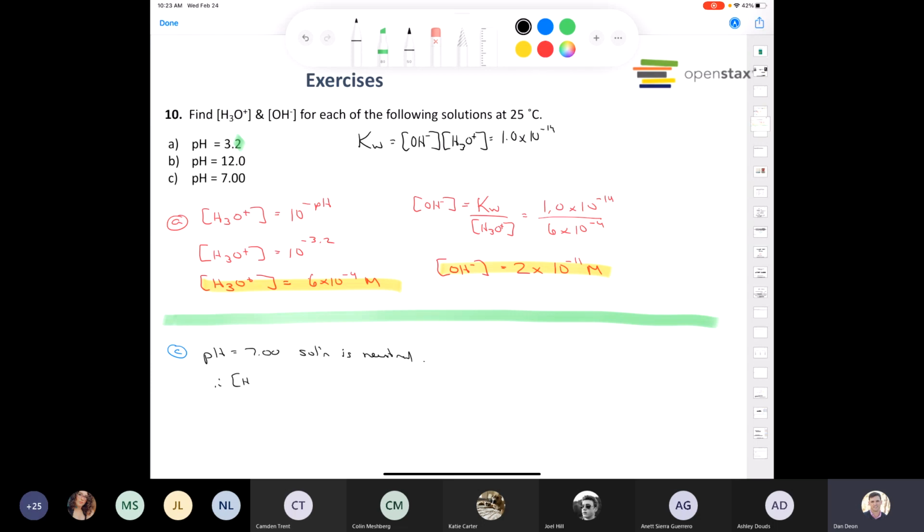Therefore, the concentration of hydronium and the concentration of hydroxide are going to be equal to each other. And we know that at 25 degrees Celsius, we looked at this earlier today, it's going to be the square root of 1 times 10 to the minus 14. And therefore, both of their concentrations are going to be 1.0 times 10 to the negative 7 molar. See, there's one you can just solve in your head.